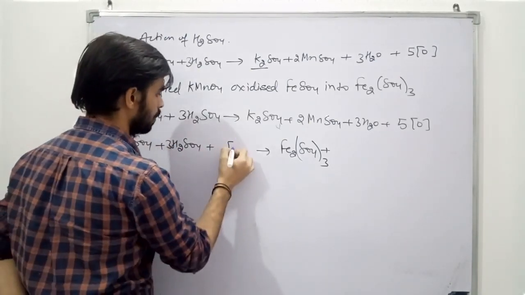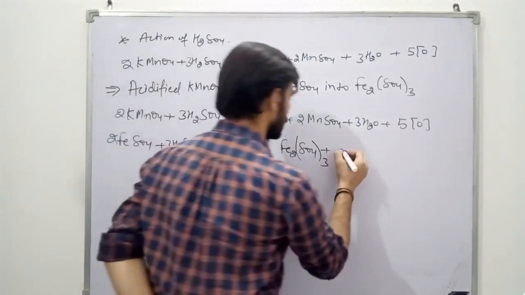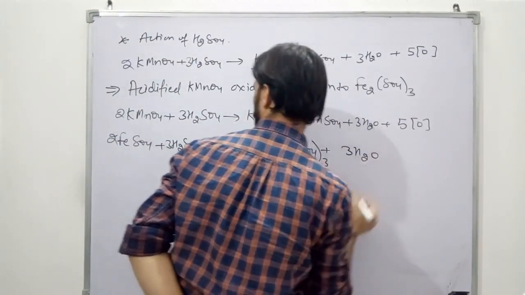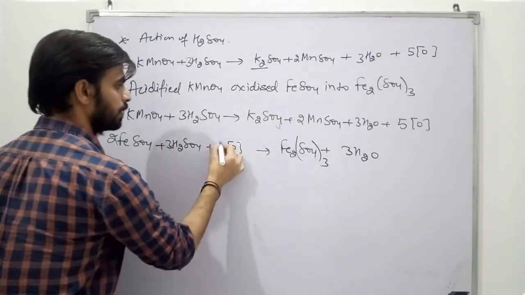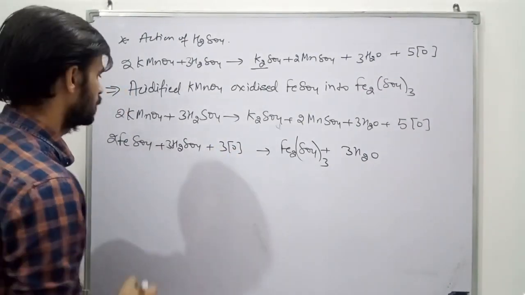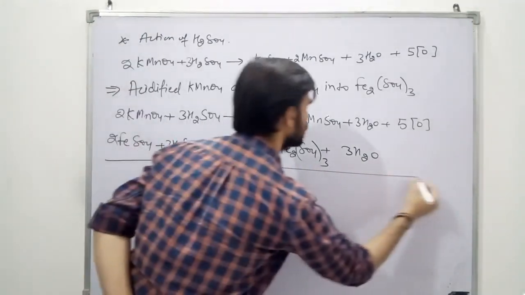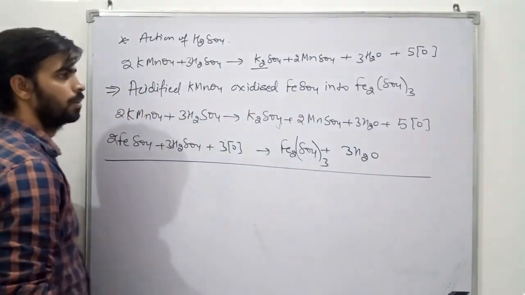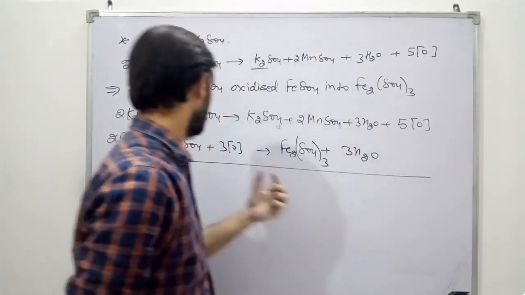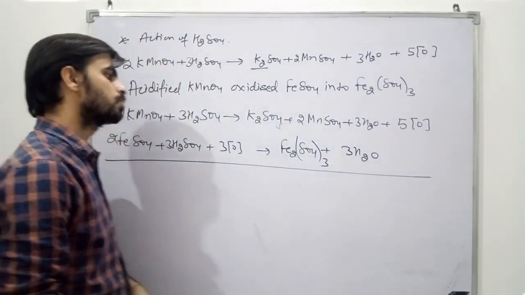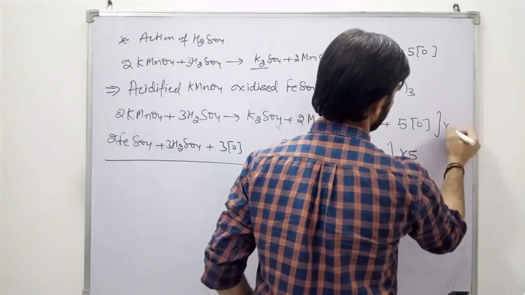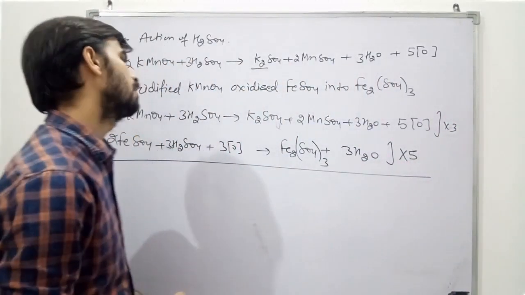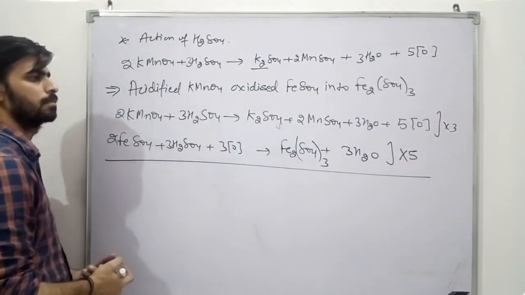Now take the oxygen: 3 times H2O, 3 times H2O, so we have to take 3 nascent oxygen. Now we have 5 nascent oxygen here and 3 nascent oxygen here. So multiply this equation by 5 and this equation by 3, and the final result will be your answer.